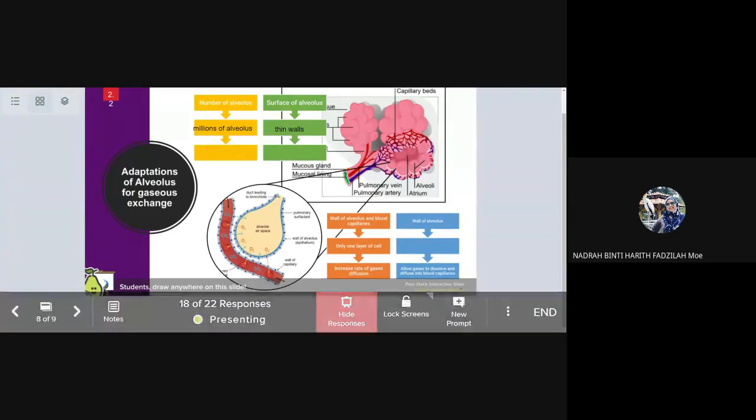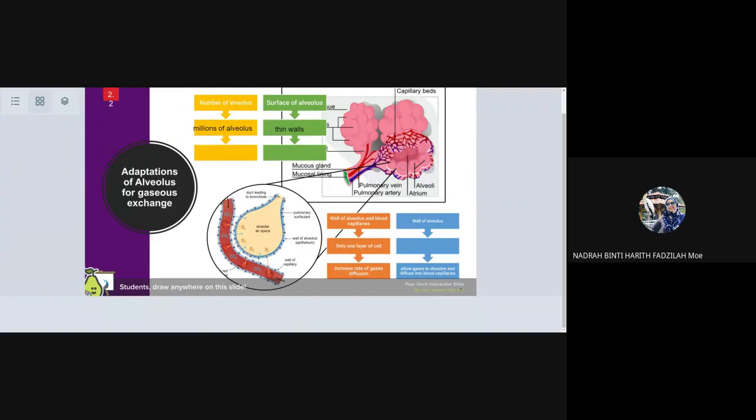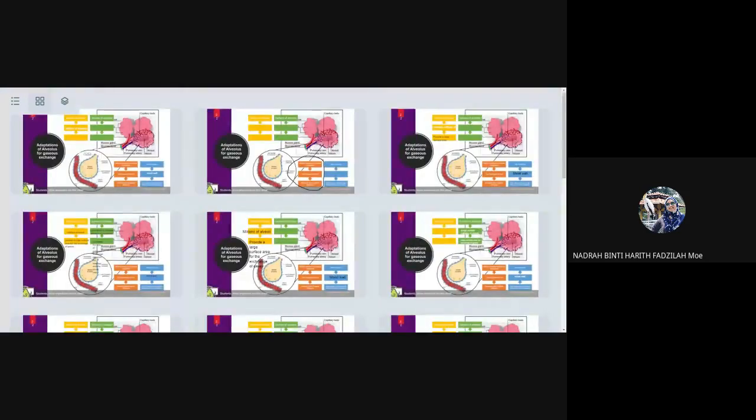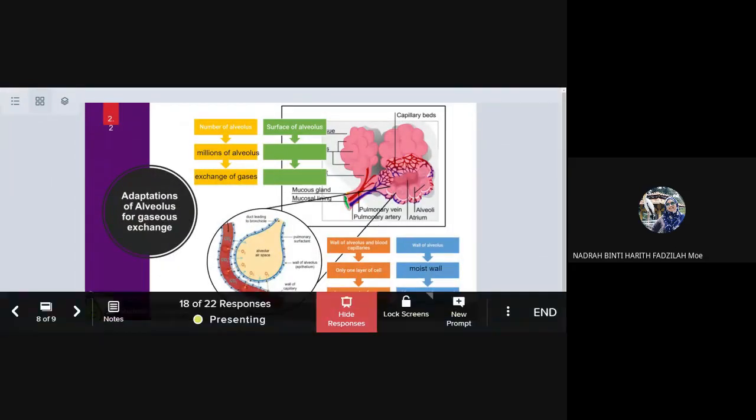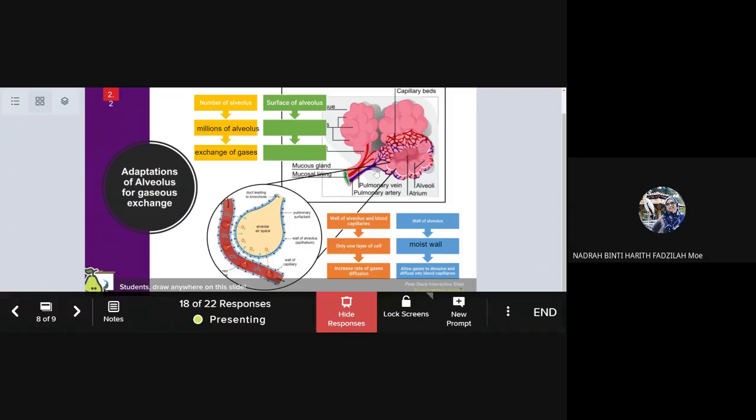Next, let's take a look at another answer. Okay, this one. For the number of alveolus, this student mentioned the characteristic is there are millions of alveolus.